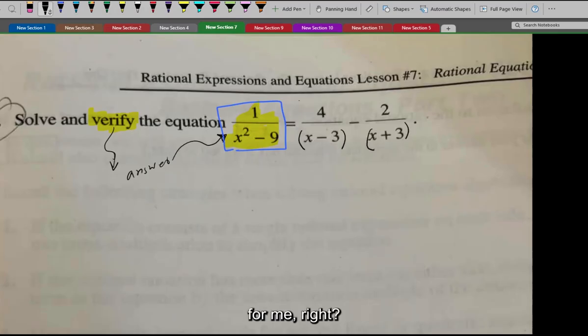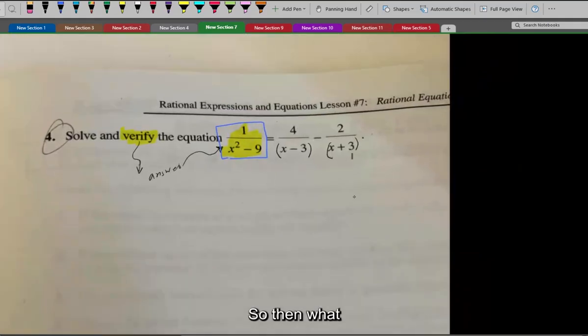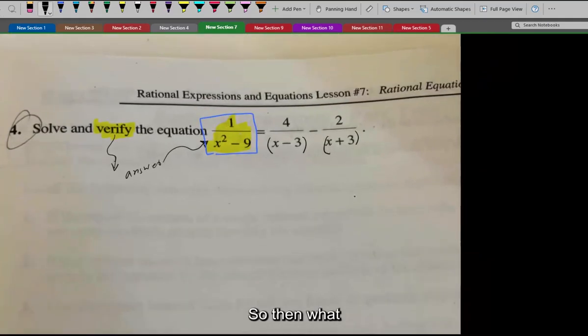It's easier, but I want you to solve it for me, right? Yeah, I think I can do it. Okay. So then what should we do now?